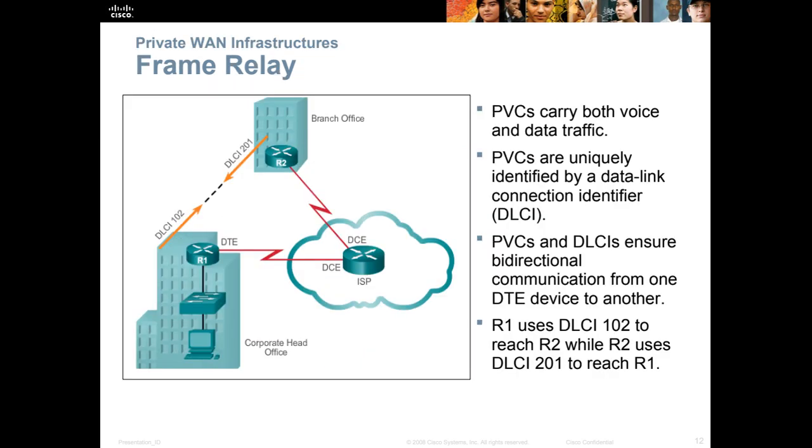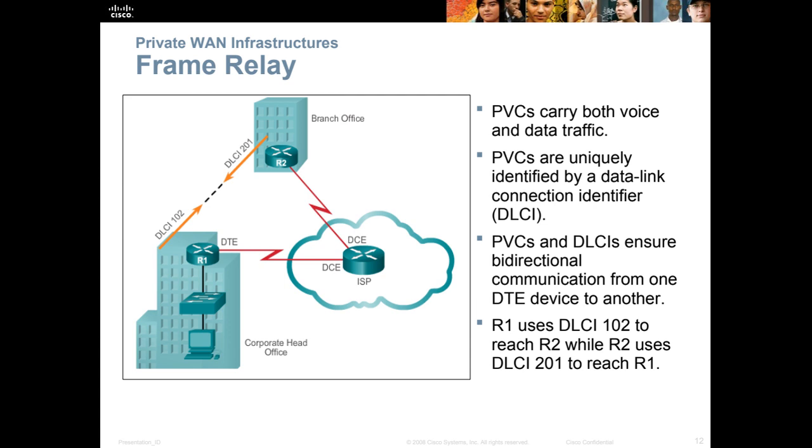Frame Relay, we will have a good chapter on Frame Relay. Frame Relay uses PVC, permanent virtual circuits. They carry both voice and data traffic. PVCs are uniquely identified by DLCI, and we will explain this to you. DLCI, you see here, from router 3 to router 1, we name it DLCI identifier 201.